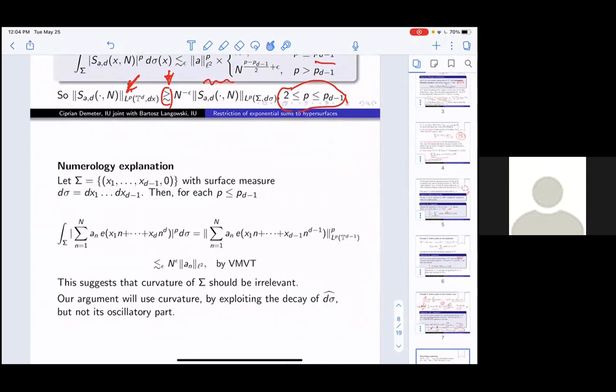Let me cheat a little bit and take a hypersurface sigma, which is not curved. I'm going to take a hyperplane, the horizontal one. The surface measure will be just the Lebesgue measure in the d-1 dimensional torus. Let's have a look at the p that's less than the critical exponent.